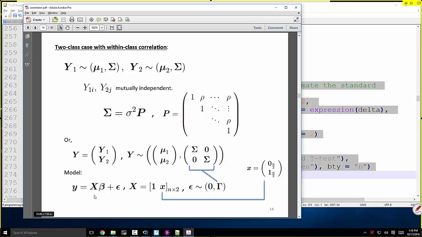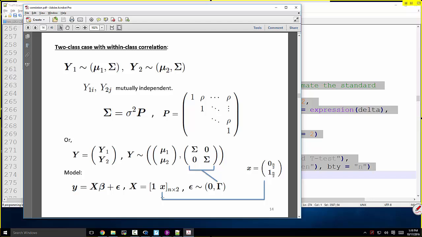These data, two-class with positive within-class correlation, can be represented as y equal design matrix times a vector of coefficients, where the design matrix has ones in the first column to pick up the intercept, and then the second column is either 0 or 1, a bunch of zeros and ones. 0 could be for control, 1 could be for treatment.